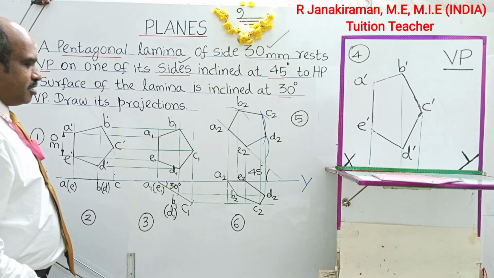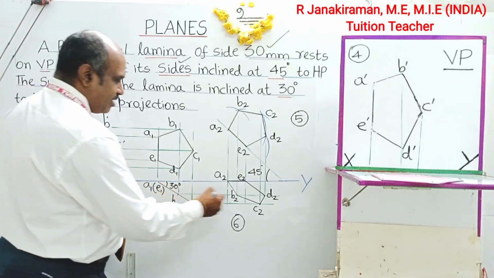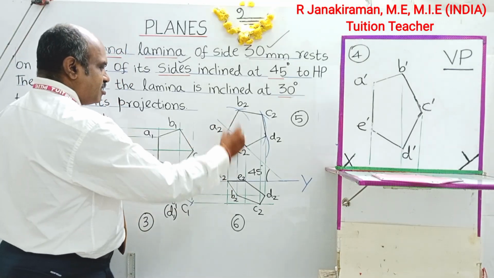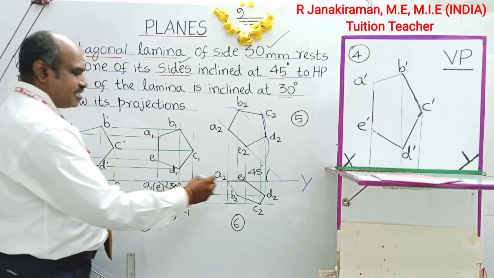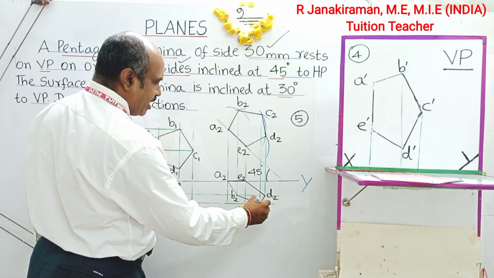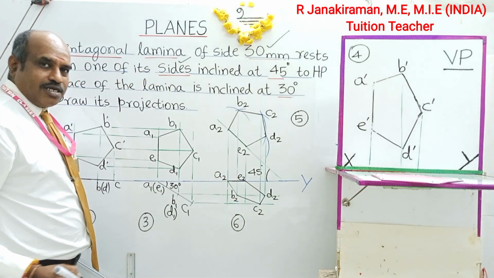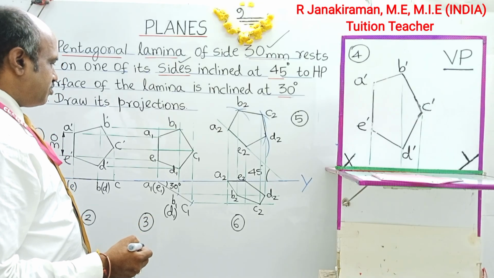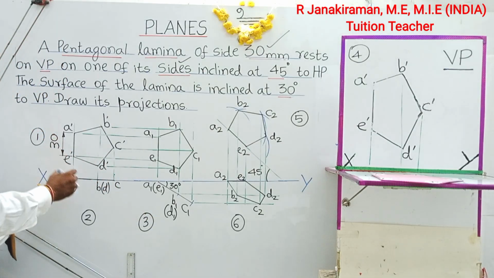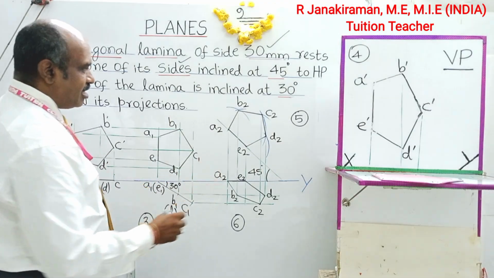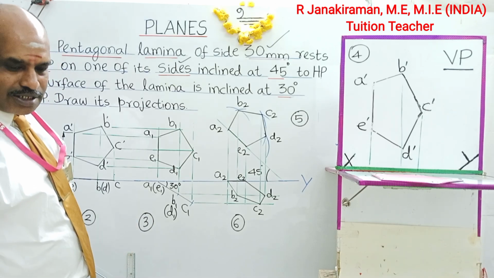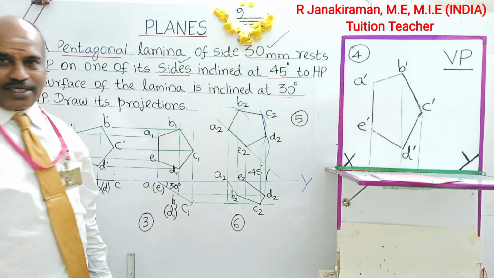The projection lines shown in green shall be drawn using a 2H pencil, as lighter lines, and this is the object line, the boundary of the plane. It shall be joined using an H or HB pencil. It appears to be done. Yes, it's dimensioned. Looks correct. Understand the concept, practice, and score good marks in the university examinations. And thanks for listening.